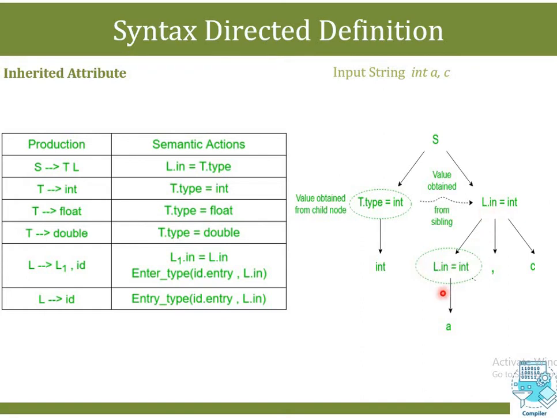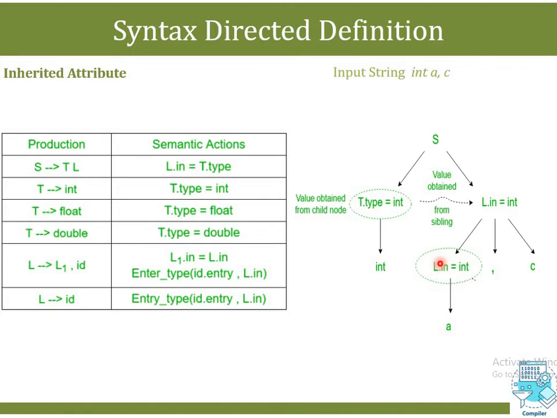Similarly here also L dot in. How will you compute the value of L dot in? What production have you used? L tends to L1 comma ID. So here you have a rule L1 dot in equal to L dot in. I already told you L1 and L are the same; just to differentiate the left side of the production from the right side, or parent node from child node, we have added the subscript one.